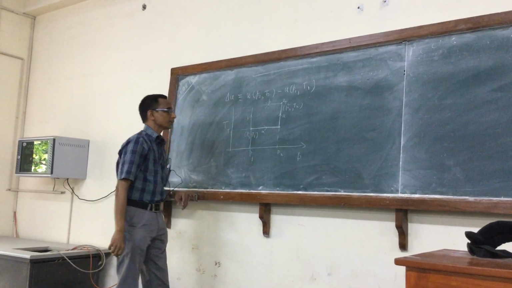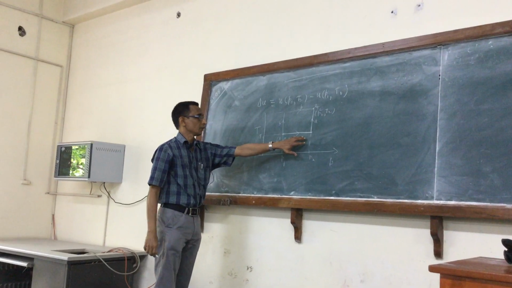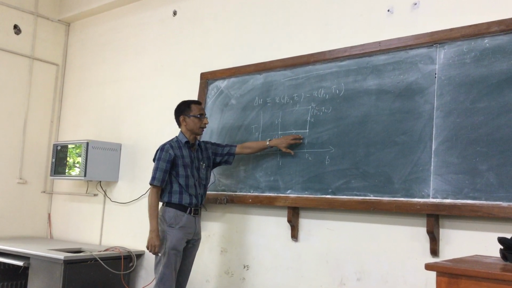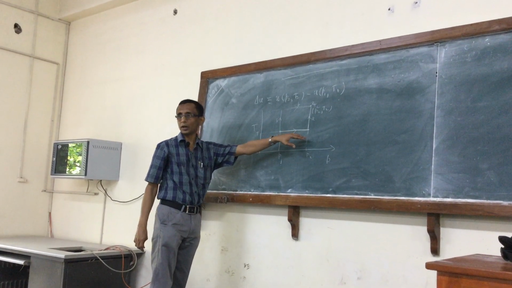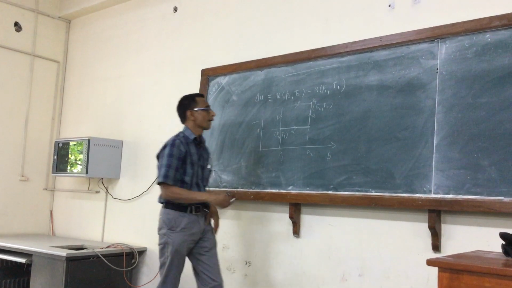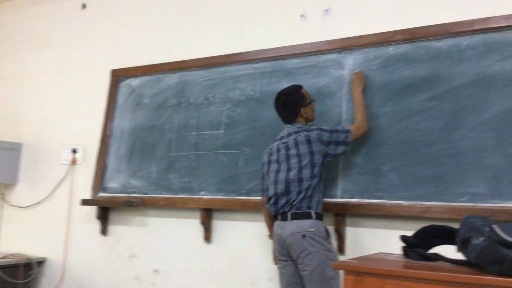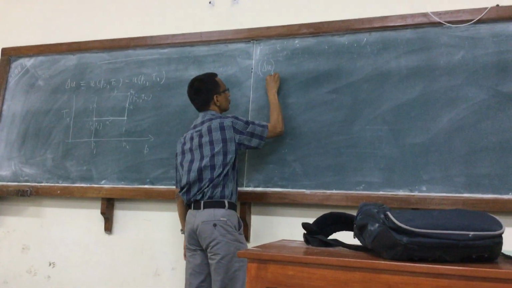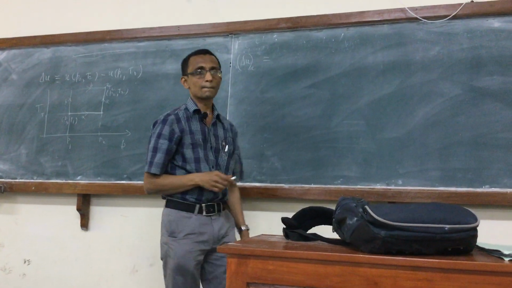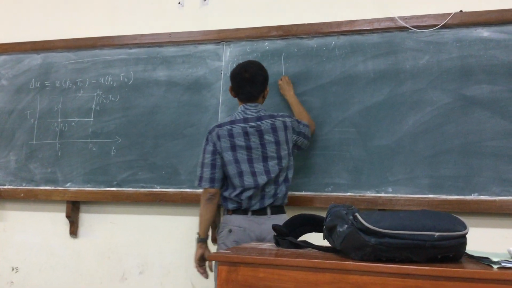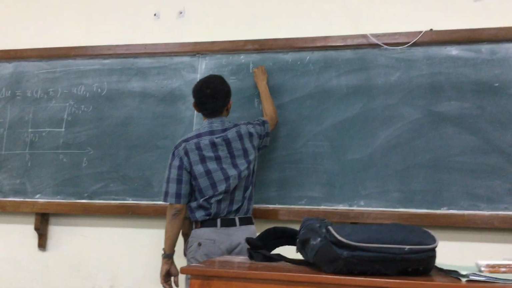When we choose path A, we will be integrating at T1 between P1 and P2. So that is how I calculate delta U using path A, from P1 to P2.